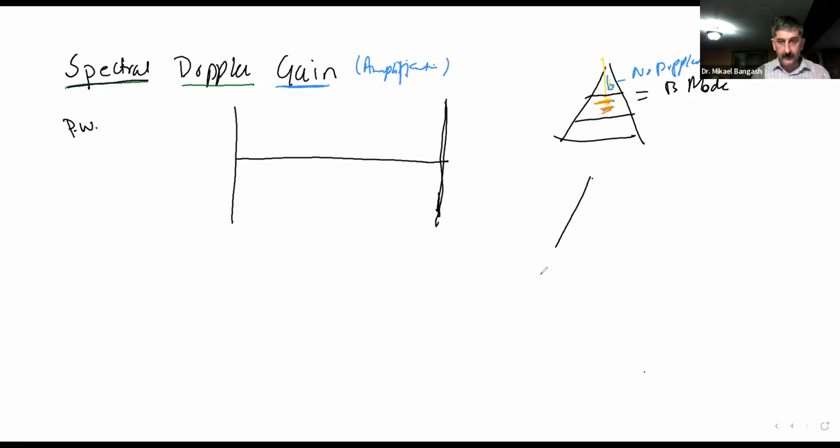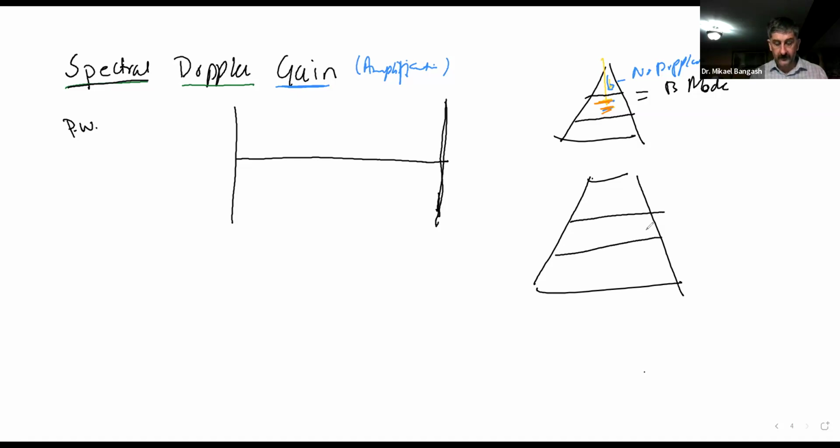Now another little thing, although it's not mentioned in the book. Let's say this here was the image that we got. Let's say here this is our blood vessel.